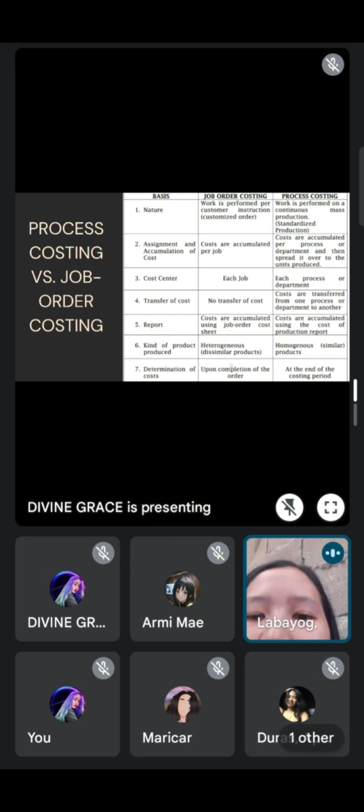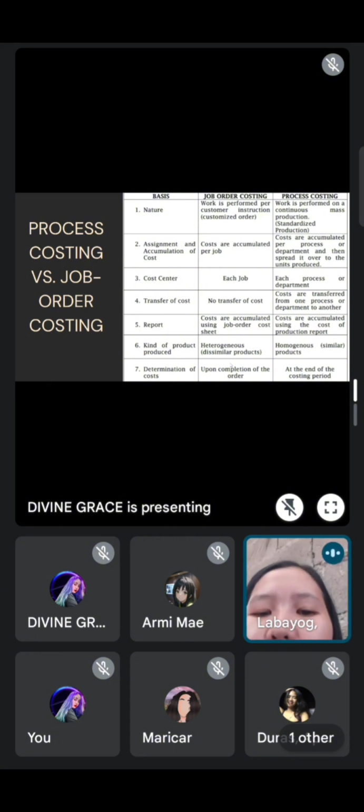Transfers of costs: no transfer of cost in job order costing. In process costing naman, costs are transferred from one process or department to another. In report, costs are accumulated using job order cost sheet. Costs are accumulated using the cost of production report.